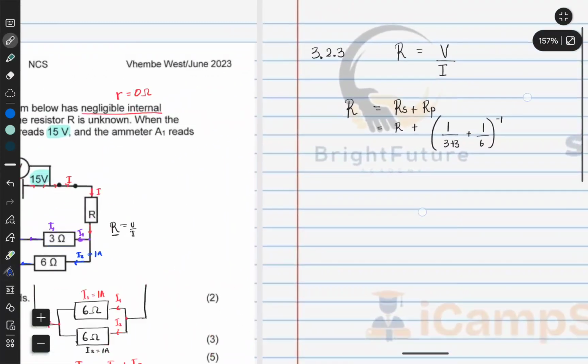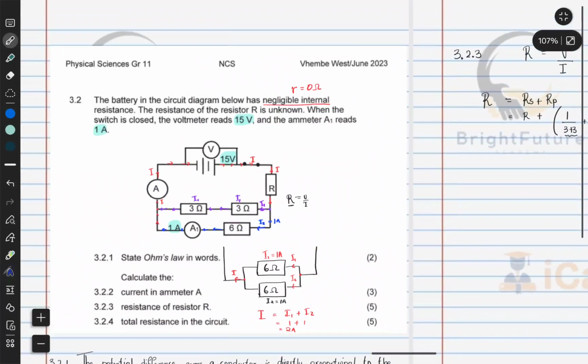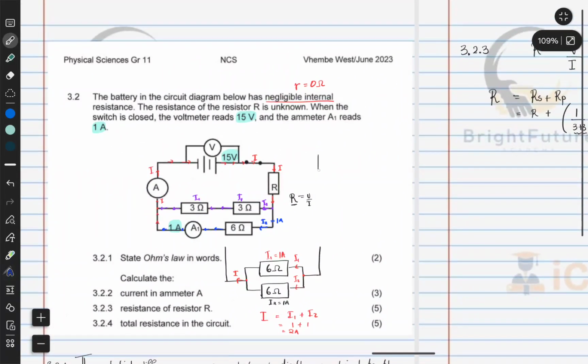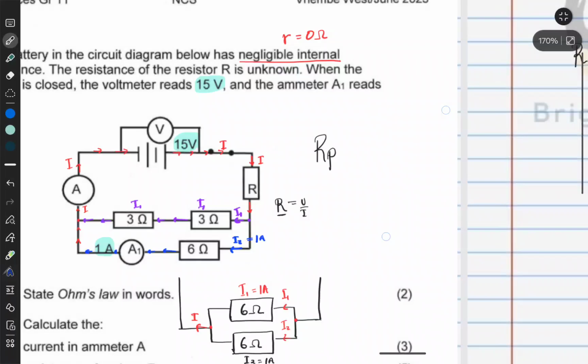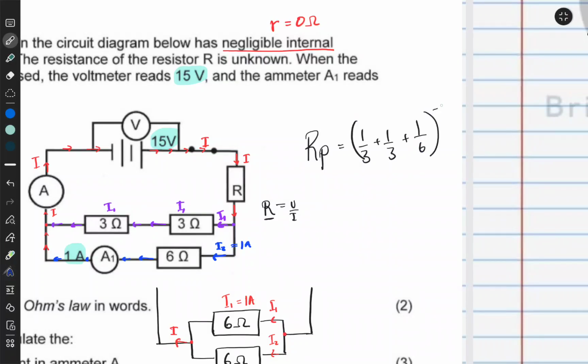Okay, so remember I explained this in our other video. You are not allowed to say that RP, the total parallel resistance, is 1/3 plus 1/3 plus 1/6. This is incorrect. You can't say that.